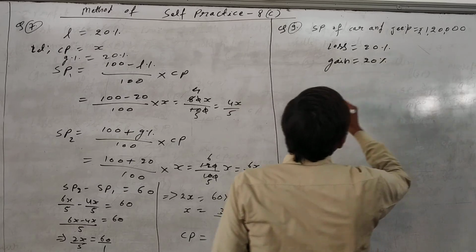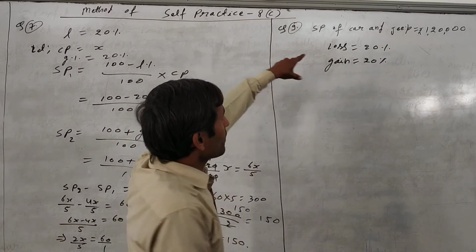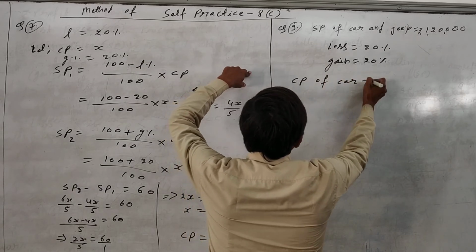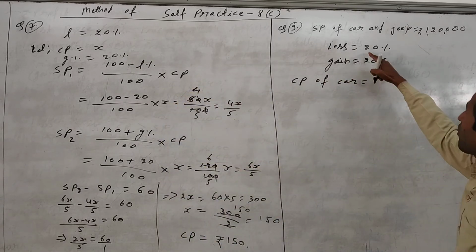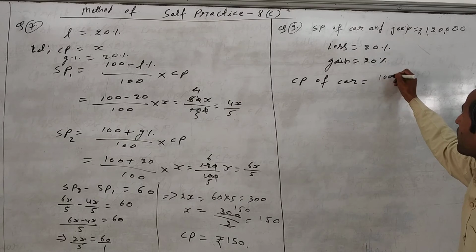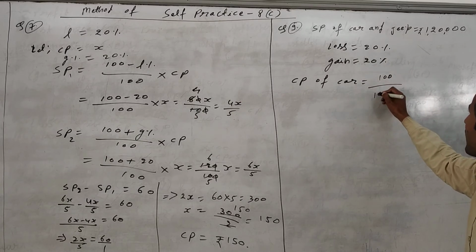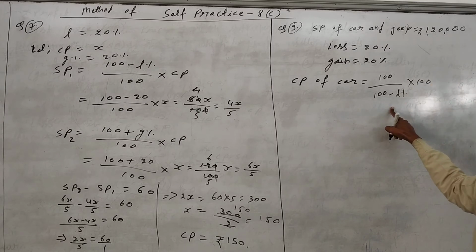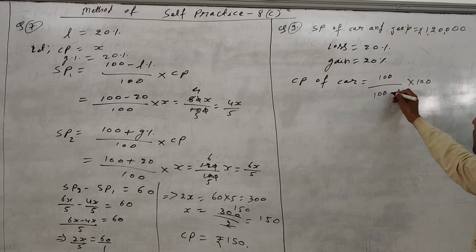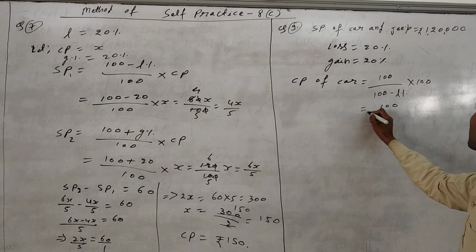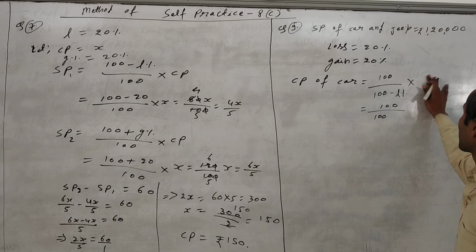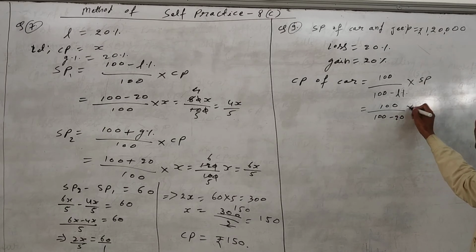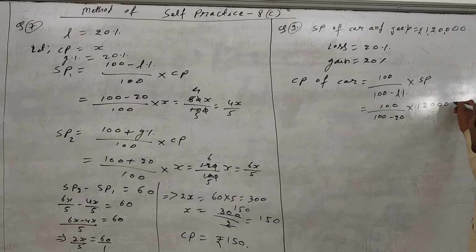Now we have to find CP of car. So CP is equal to, here loss is given for the car, so 100 upon 100 minus loss percent into SP. We have to use this formula because we have to find CP. So 100 upon 100 minus 20 into 1,20,000.